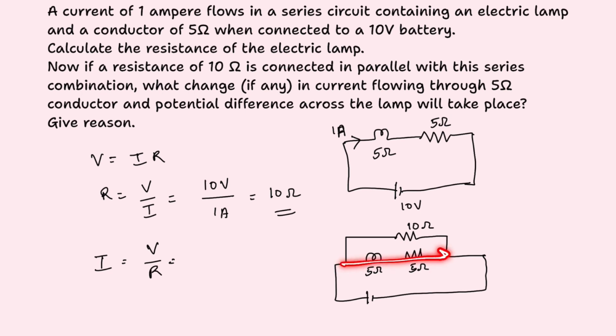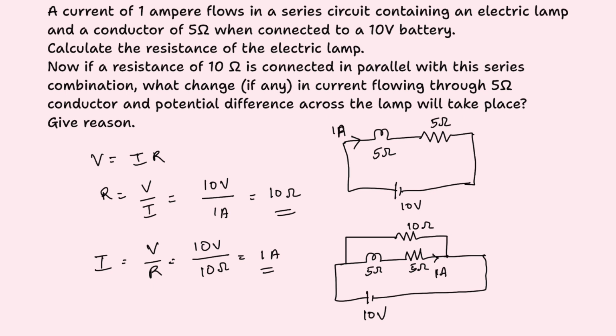The V across these 2 points is the same here. It is 10 volts. And what is the total resistance of these two? We know that it is 10 ohms. And 10 by 10 is 1 ampere. So in this case also, the current is 1 ampere. So there is no change in the current.